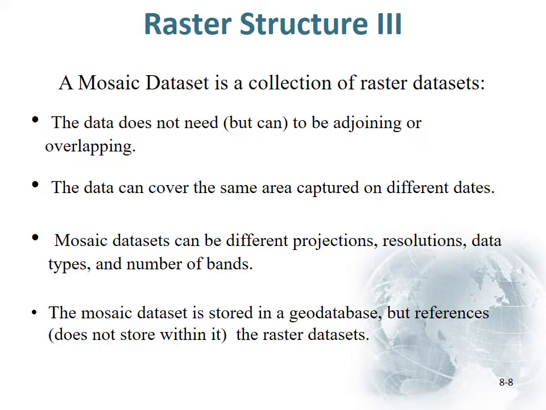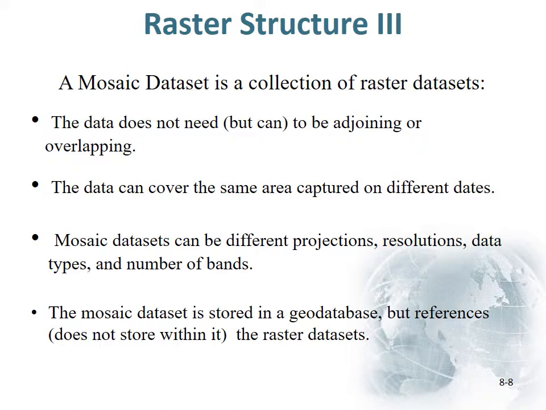Okay, so this may be a little bit difficult to visualize, but imagine you have 3 different study areas in 3 different national forest units in Washington, Oregon, and Idaho. And you're interested in doing the same type of analysis on each one. You have the same information about each of those particular units.